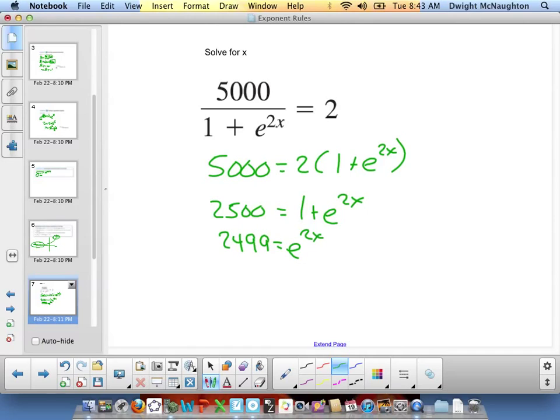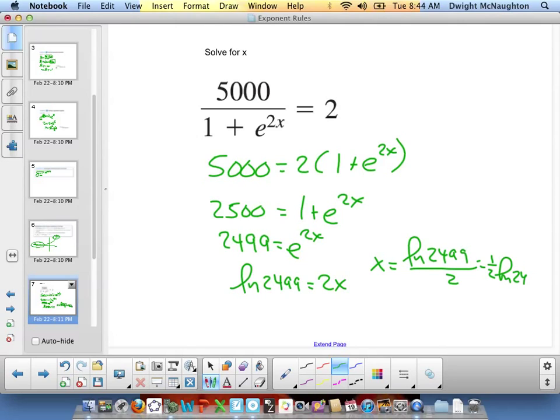And then we've got a log. We can take the natural log of 24.99 equals 2x. So x equals the natural log of 24.99 over 2. Or you could say equals 1/2 times the natural log of 24.99. Or you could say the natural log of the square root of 24.99.